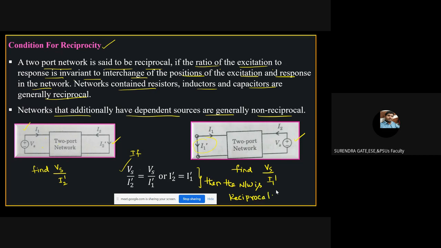In one network this is the excitation and this is the response; in the other network this is the excitation and this is the response. Even though response and excitation are interchanged, the ratio of excitation to response remains the same. These two ratios must be equal. Then we can say that network is reciprocal.